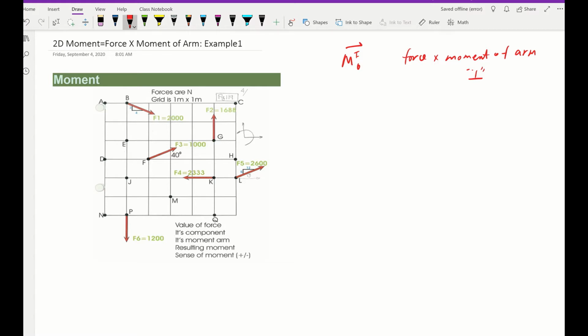For the direction, if it is counterclockwise rotation, that's positive. Clockwise is going to be negative. Okay, so knowing that, let's go ahead and solve some problems.